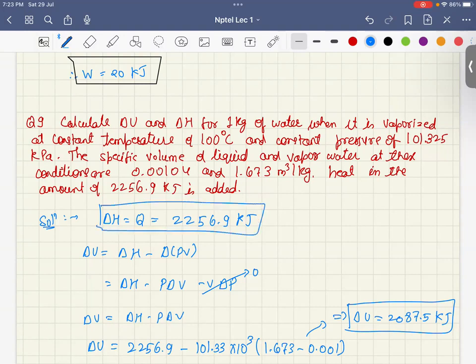I hope that both the question and answer is clear to everyone. So I'll give you a couple of minutes to solve this, to understand this, and if anybody has any doubt, they can ask.